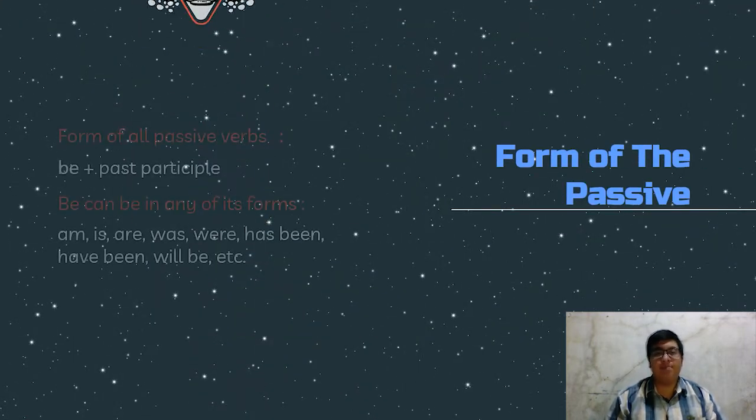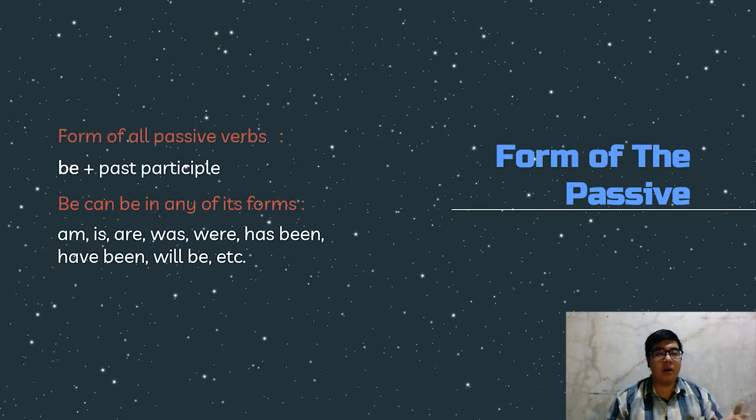Form of the passive. The form of the passive verb is be plus past participle, and be can be in any of its forms: am, is, are, was, were, has been, have been, will be.